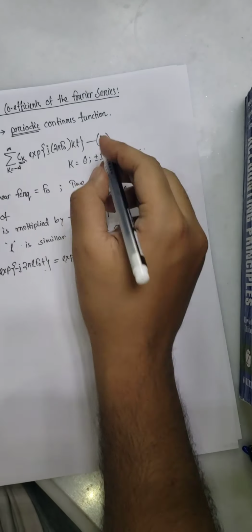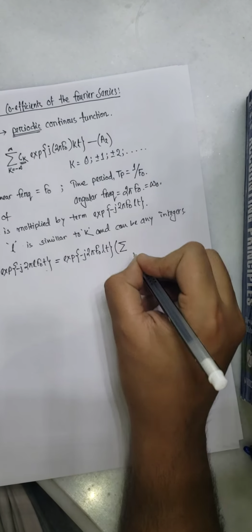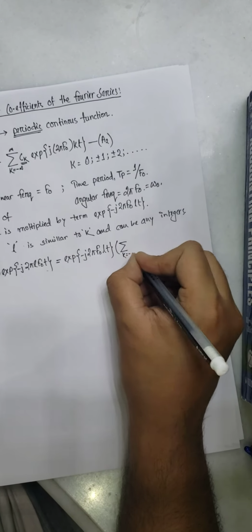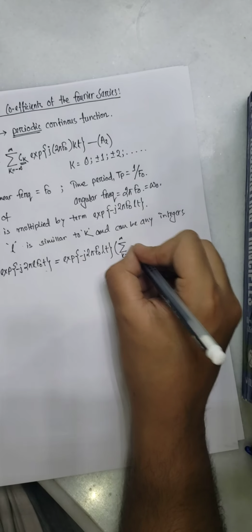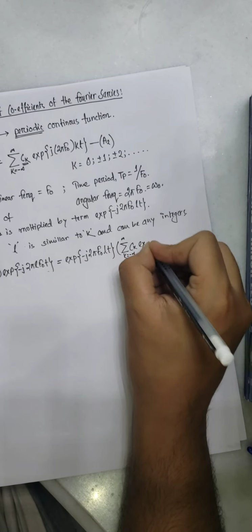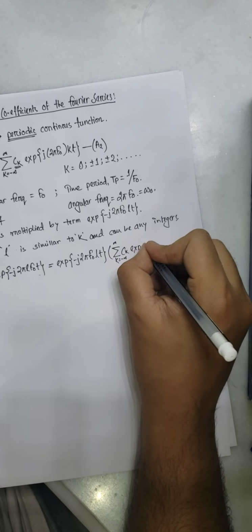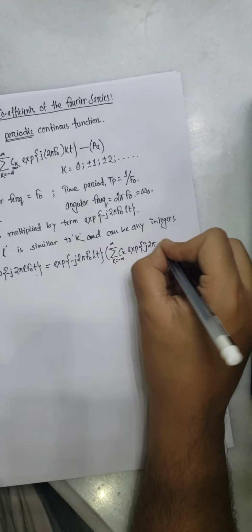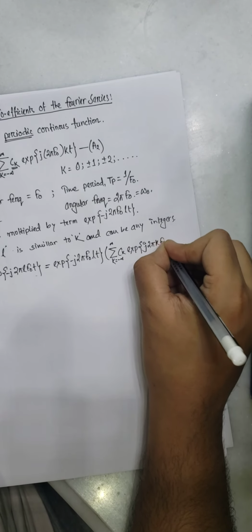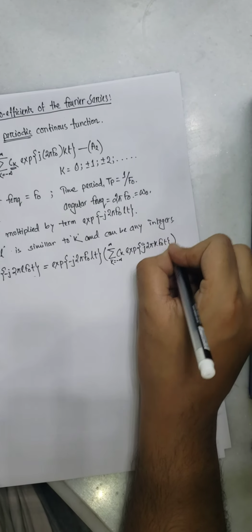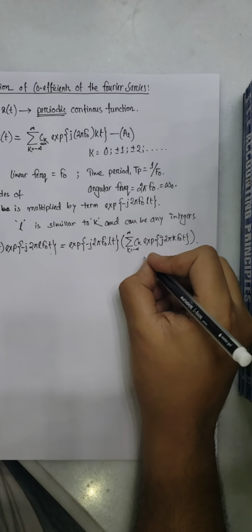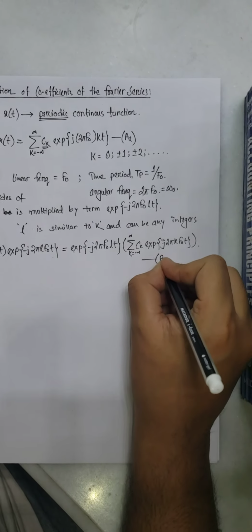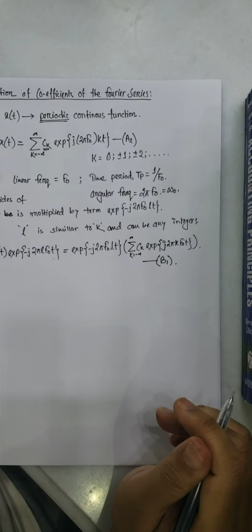And the remaining term remains as it is, which is a running sum of k, from minus infinity to infinity, ck e to the power j 2 pi k f naught t. Let us mark this as equation B1.